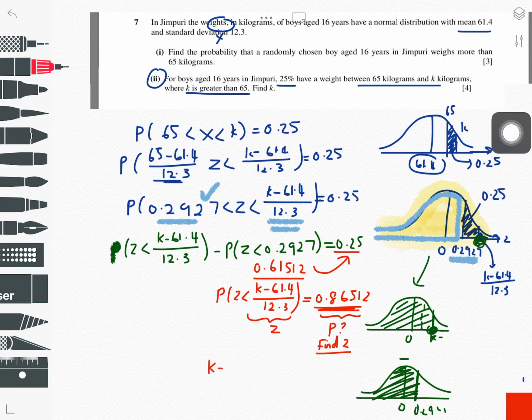So if you find from the table, what will this equal to? See, z compared with z, p compared with p, apple with apple, orange with orange. You cannot take this part and equate it to the area below the curve. It's wrong. How can I just take one coordinate and compare it with the area? It doesn't make sense. So let's go and read for 0.86512.